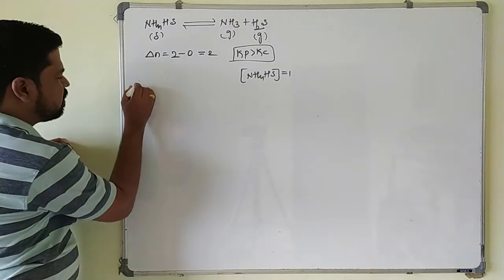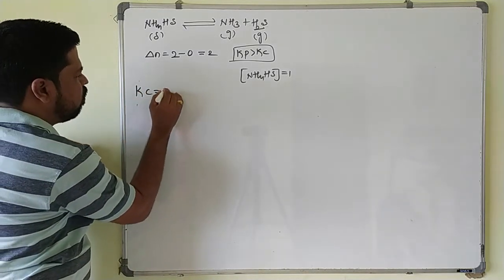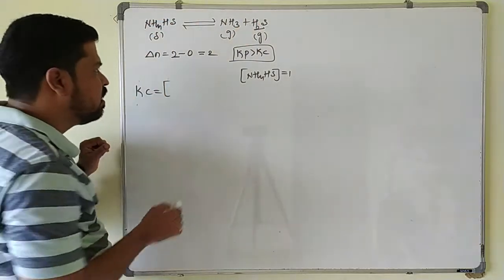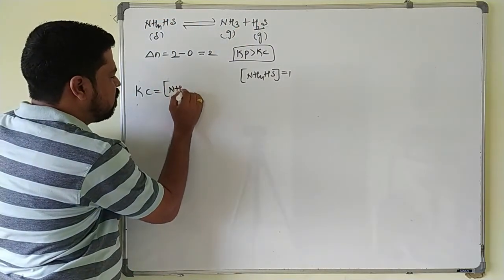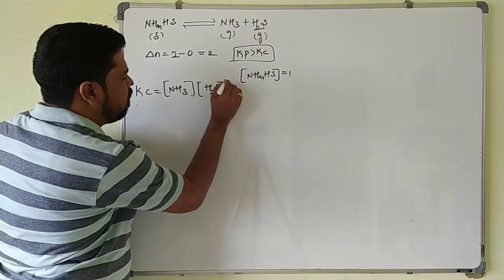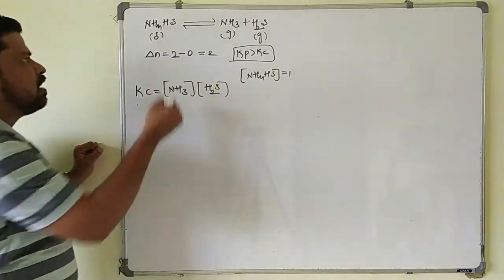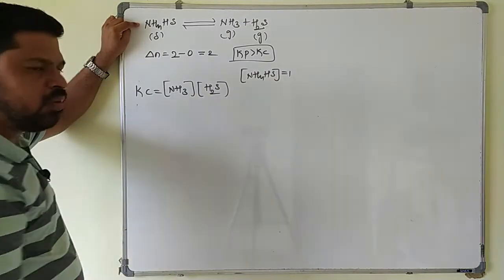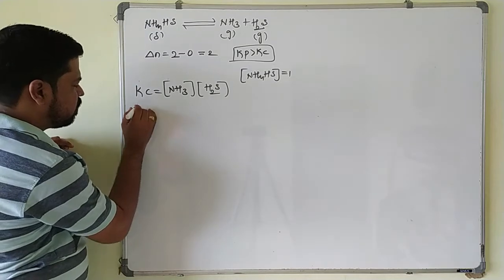So what is the Kc expression for this one? Kc will be equal to the molar concentration of product divided by the molar concentration of reactant, the molar concentration of ammonia into the molar concentration of H2S divided by the molar concentration of NH4HS, but it is equal to 1. So Kc will be this much only.